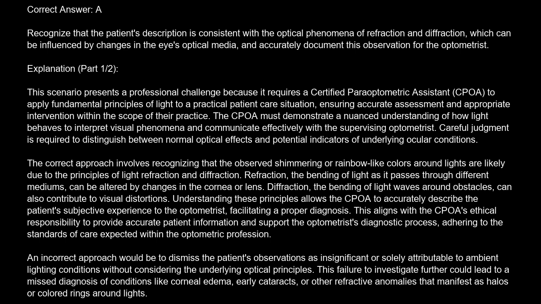Understanding these principles allows the CPOA to accurately describe the patient's subjective experience to the optometrist, facilitating a proper diagnosis. This aligns with the CPOA ethical responsibility to provide accurate patient information and support the optometrist's diagnostic process, adhering to the standards of care expected within the optometric profession.